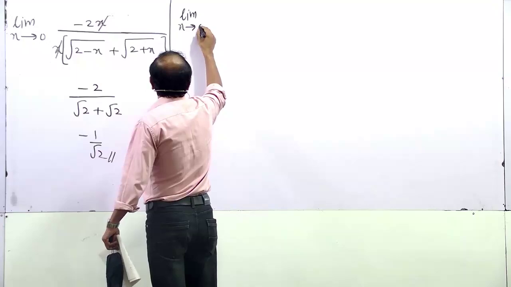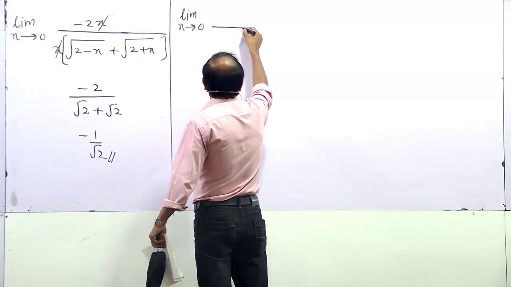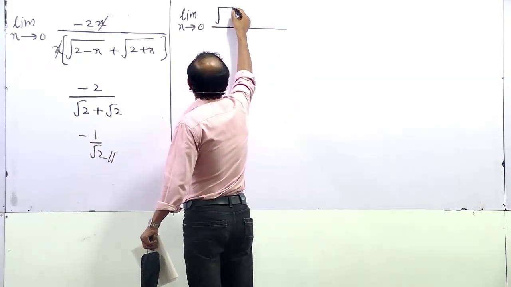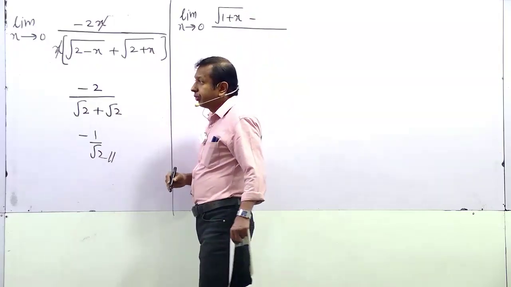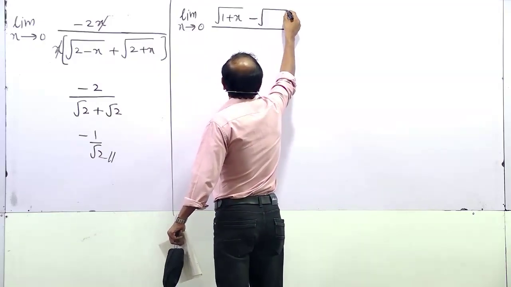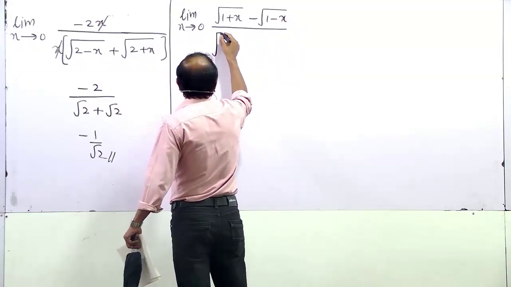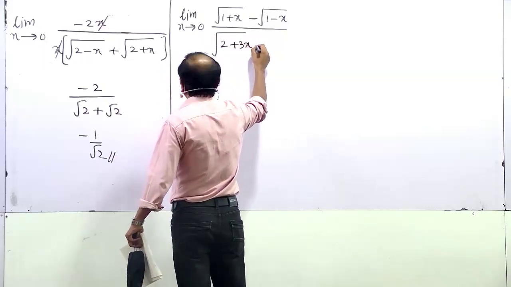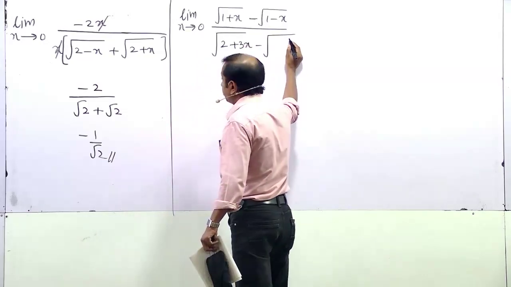Limit x approaches 0. Right. This way we have root 1 plus x minus root 1 minus x, divided by root 2 plus 3x minus root 2 minus 3x.